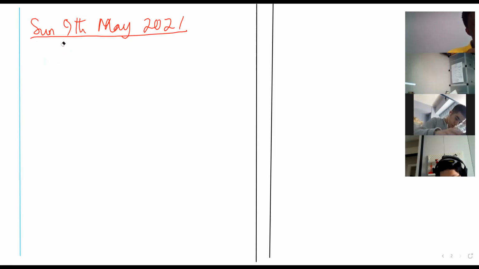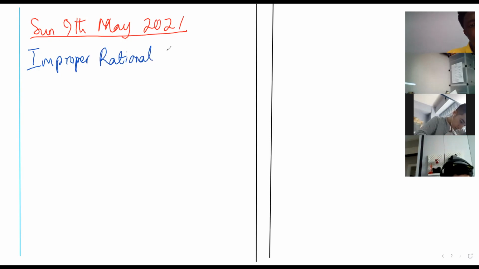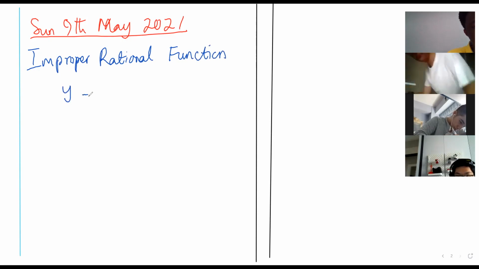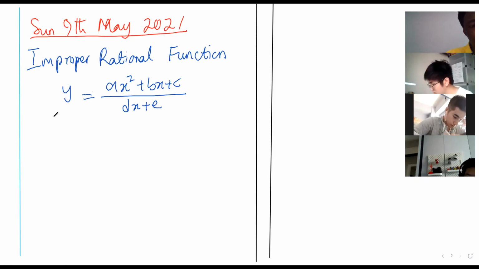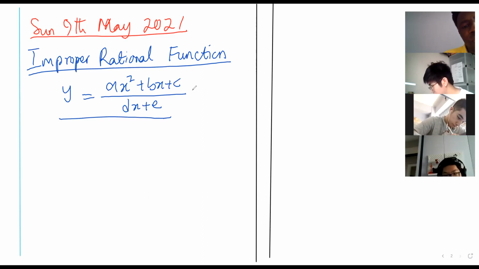I just call it improper rational function. Something like that. A and D non-zero.